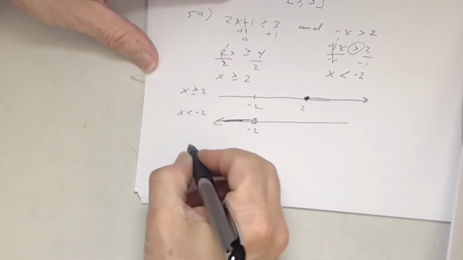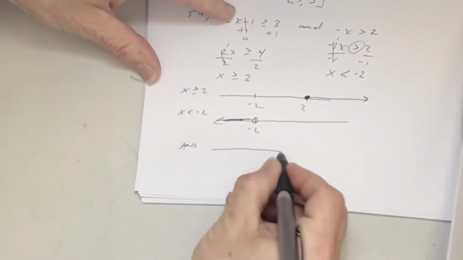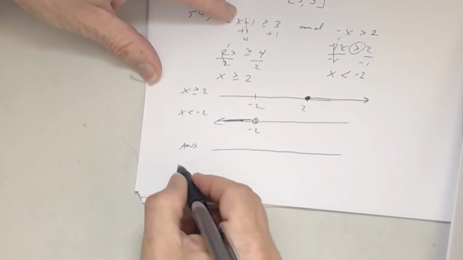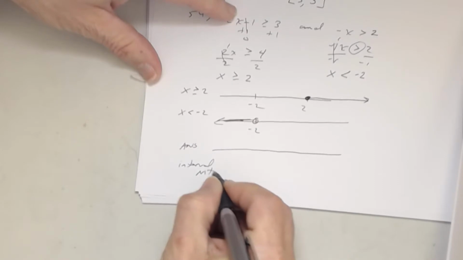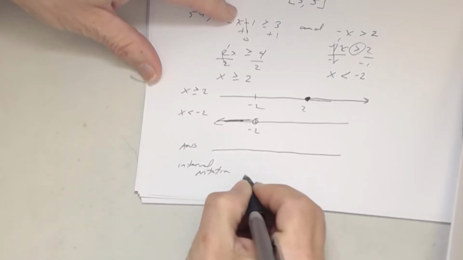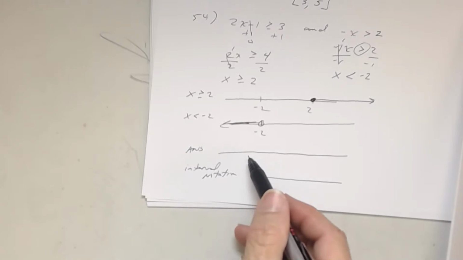Okay. So now remember, there's going to be a graph, and then there's going to be something I'll call interval notation. So in terms of the graph, are you going to put anything on the graph? No, you can leave it blank. Leave the graph blank.